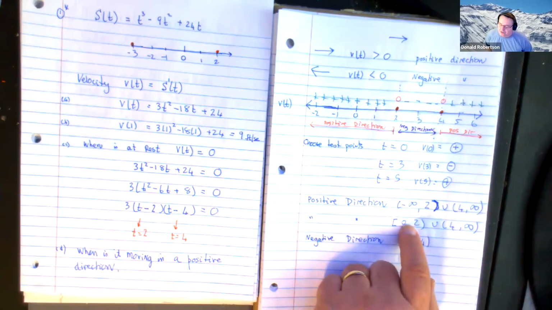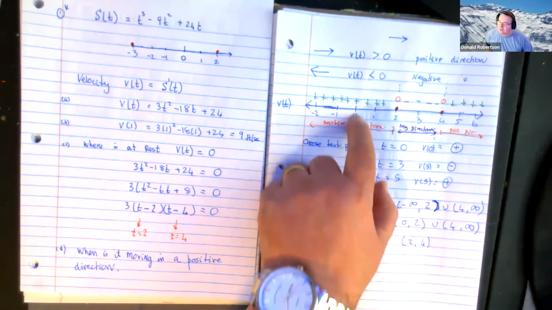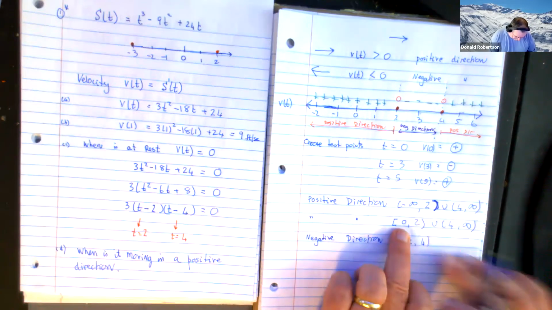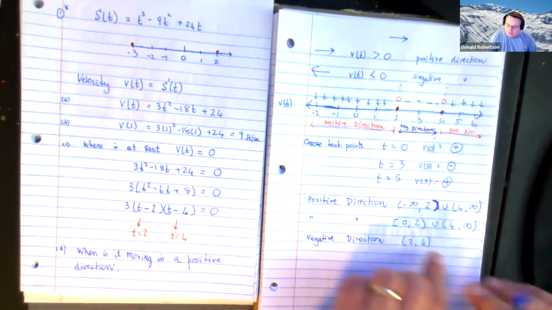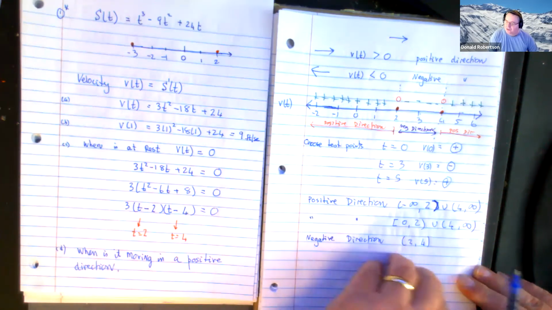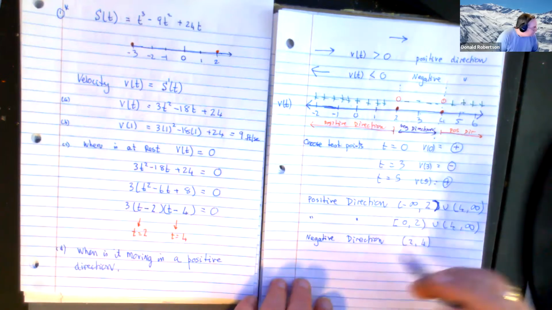And do you notice at 0, it's square? Because at the 0 mark isn't a positive number. Right? So it's just little things like that can catch you. Can you imagine you put the answer in with the right numbers, but you put a curve there instead of a square bracket? WebAssign is going to say you are wrong.